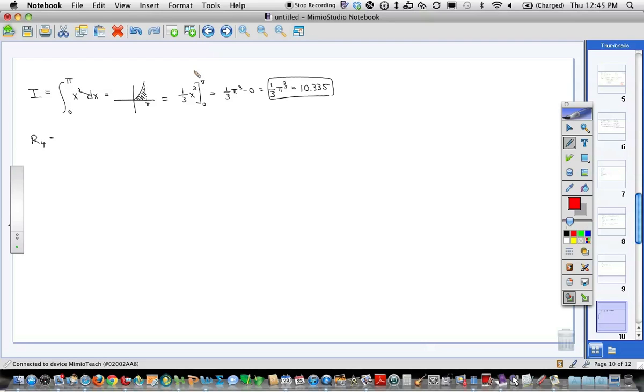Just go into your template, find your integral, do x squared, 0 to pi, dx, hit enter. You get pi cubed over 3. Or if you hit a decimal template. All right, so we got that.